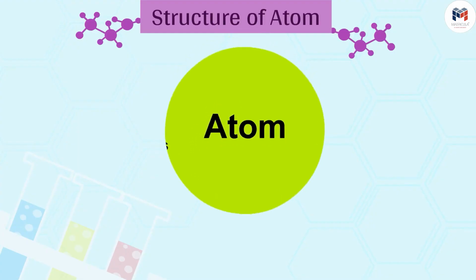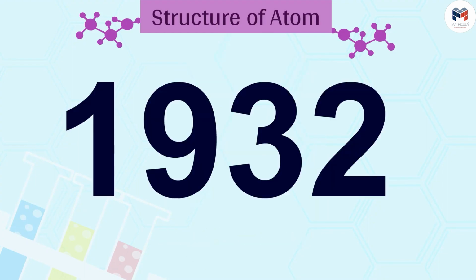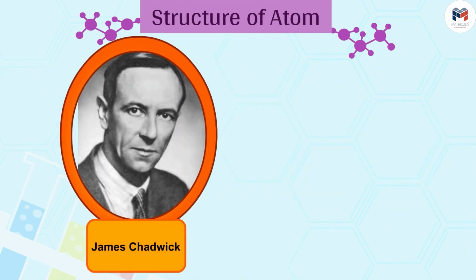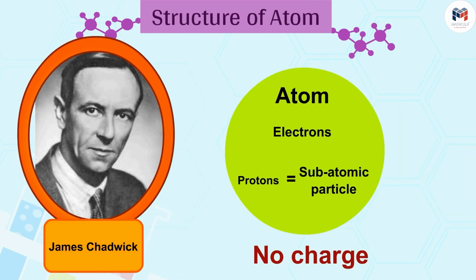Do only protons and electrons exist in an atom? In 1932, J. Chadwick discovered another subatomic particle which had no charge and a mass nearly equal to that of a proton. It was eventually named as neutron.